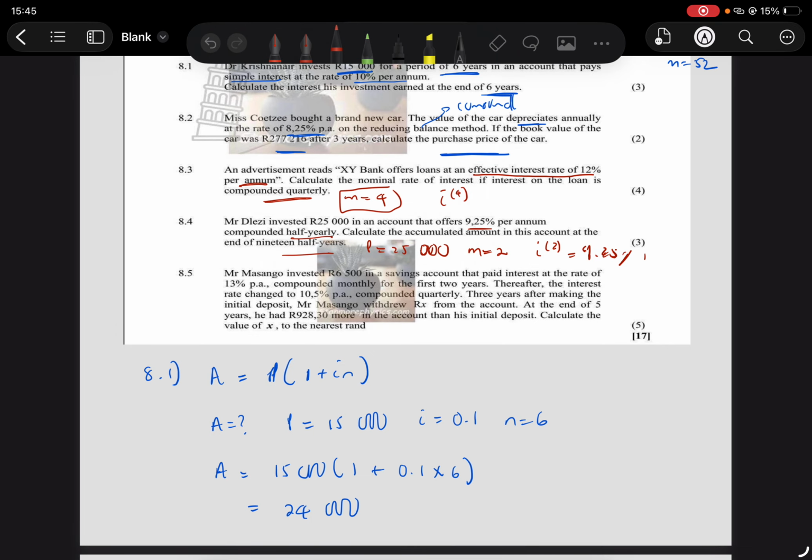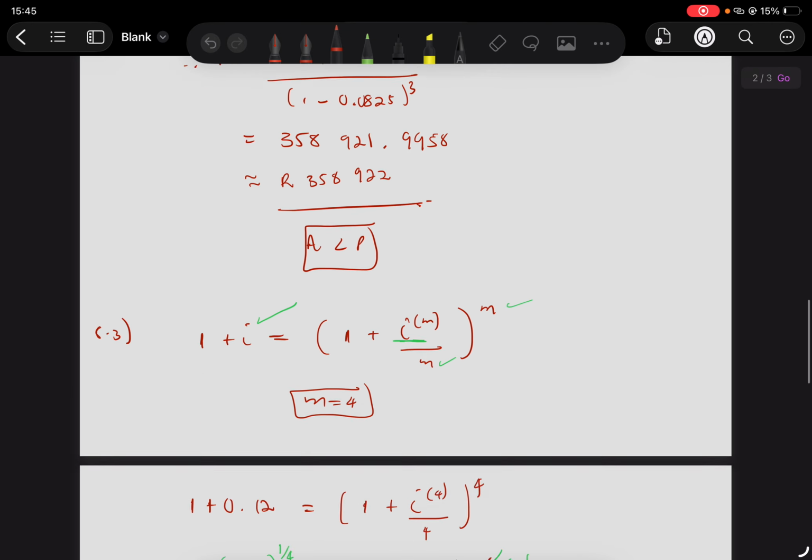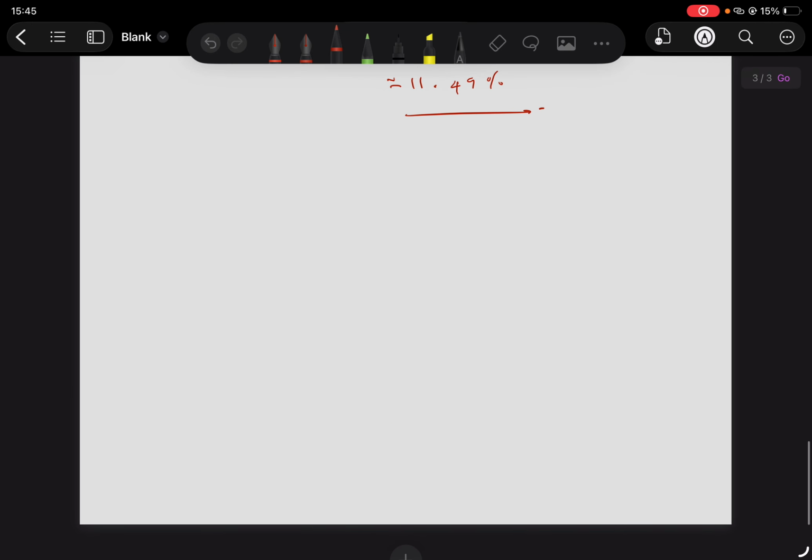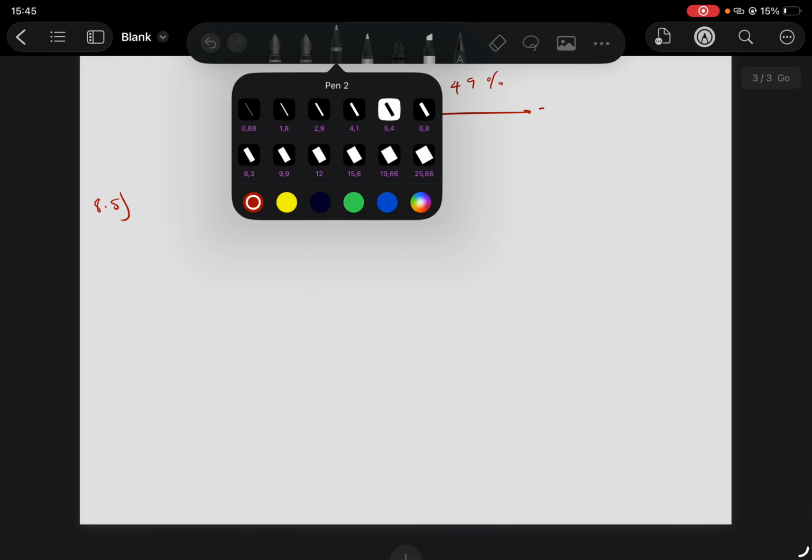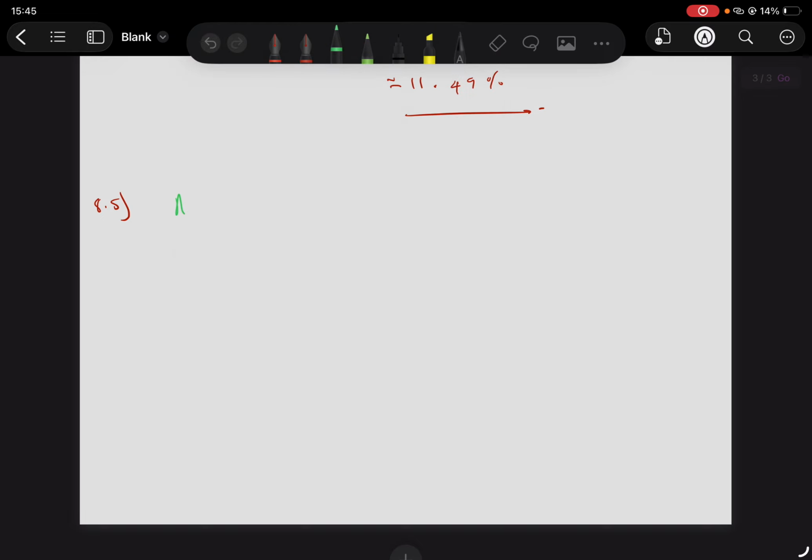Calculate the accumulated amount in this account at the end of 19 half years. So our n is not only 19, it is 19.5, 19 half years. 8.4 is then simply us using the compound formula, where A is equal to P(1 plus i) to the power of n. But the difference here is that we have our interest rate being compounded multiple times in a year. So we can use P times (1 plus i_m over m) to the power m times n.